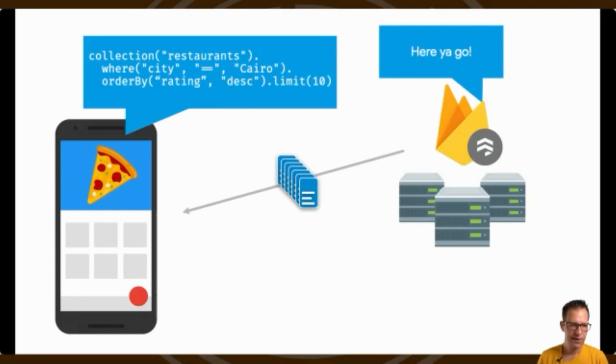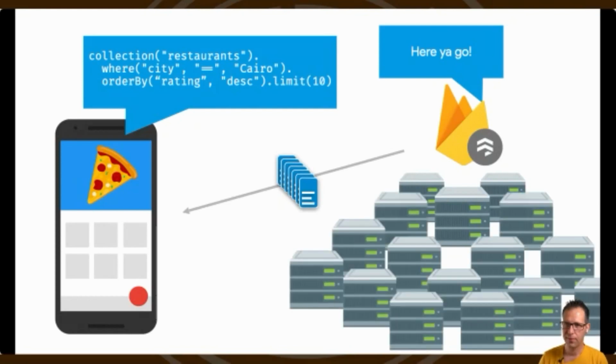So that's easy enough. But the cool thing about Firestore is that no matter how large the number of documents in your collection is, it doesn't matter for the speed of your query. So the speed of your query does not depend on the number of documents, but it depends on the number of the elements in the result set.